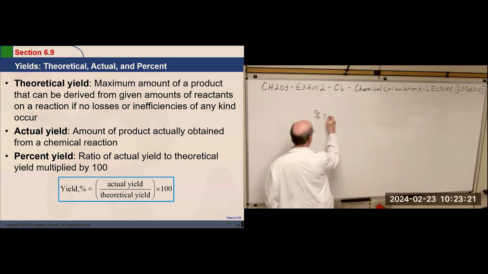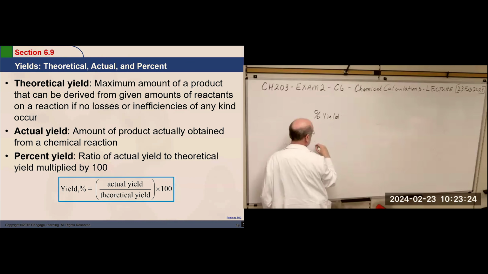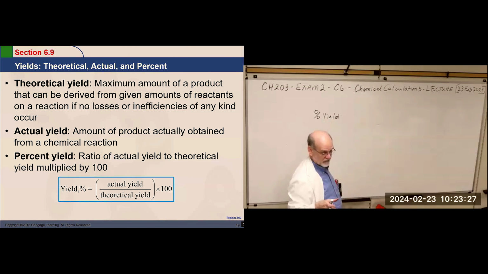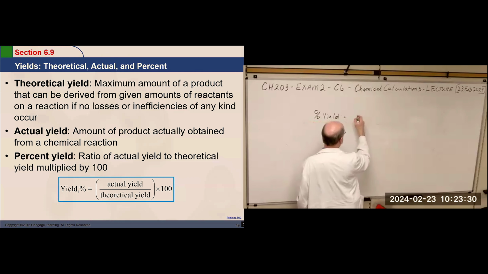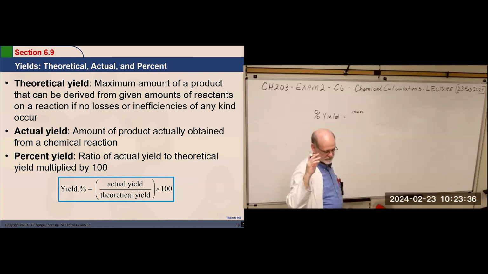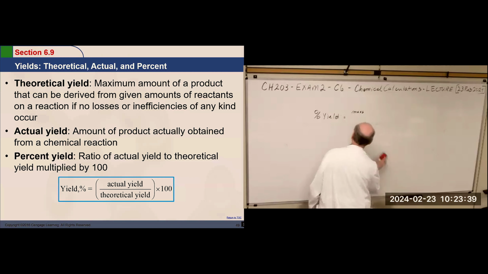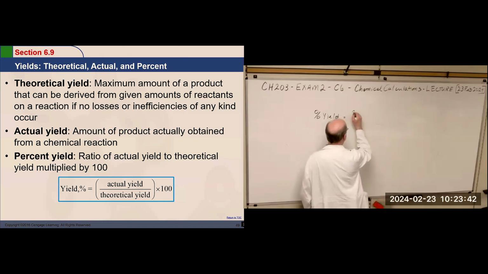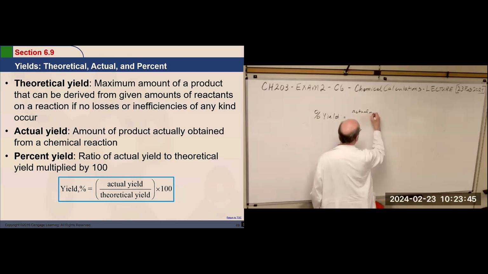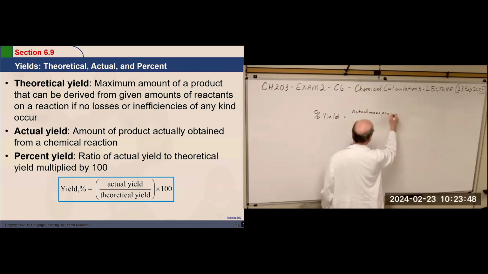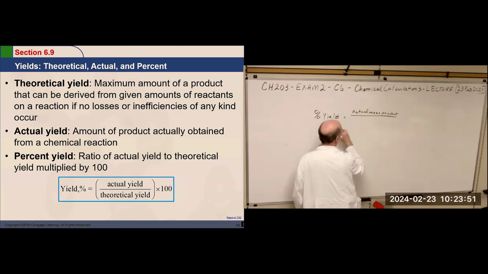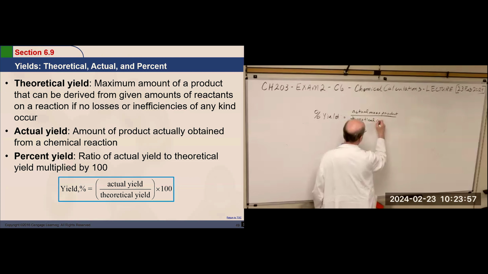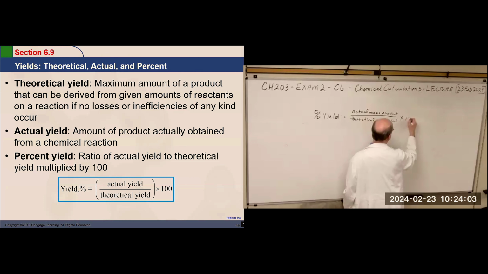Percent yield of a chemical equation is you focus on one of the products and it's equal to the actual mass of a product divided by the theoretical mass of that same product. Since it's percent, it's times 100.